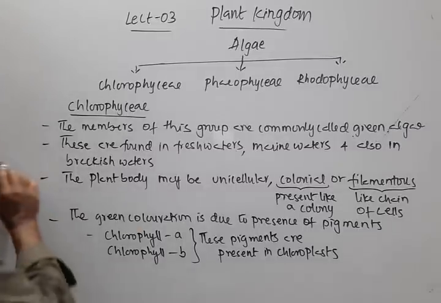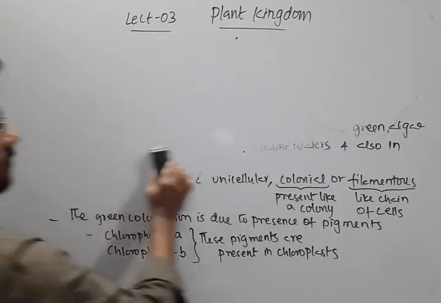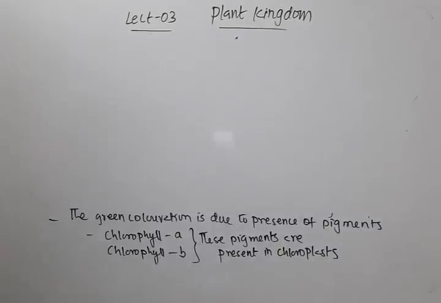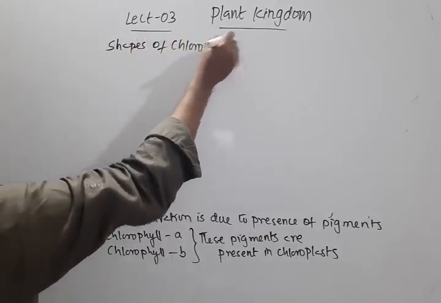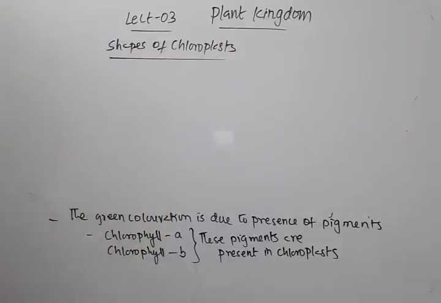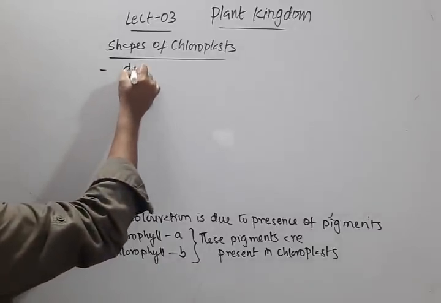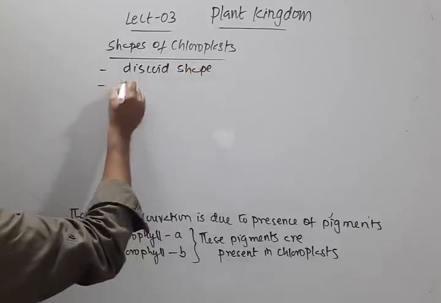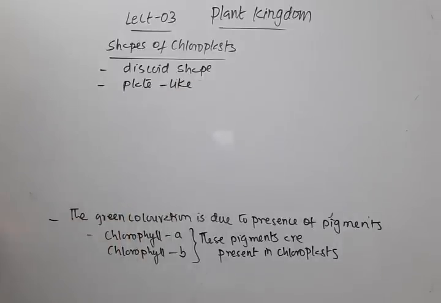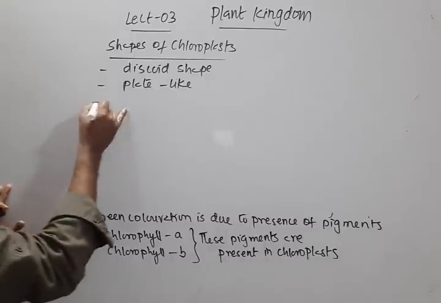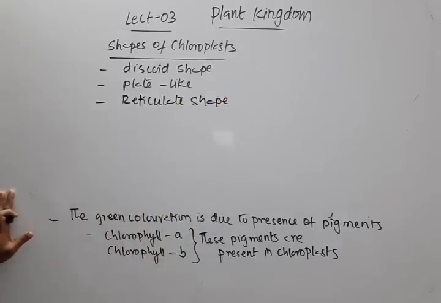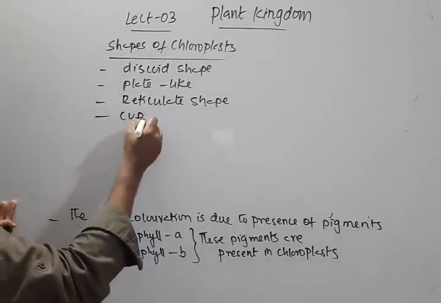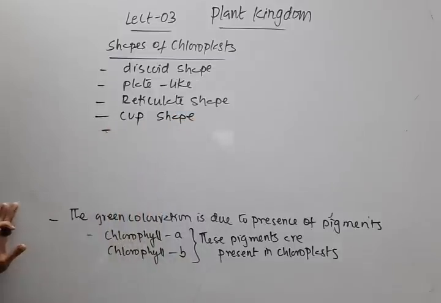These chloroplasts may have different shapes. We may find them discoid shaped, plate-like, reticulate, and cup-shaped.